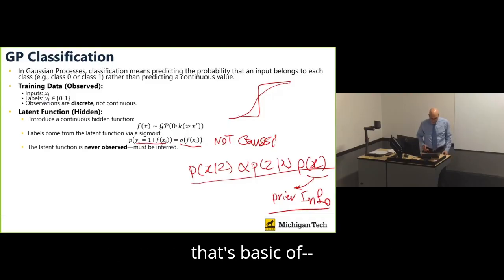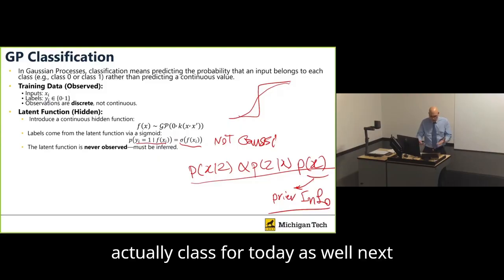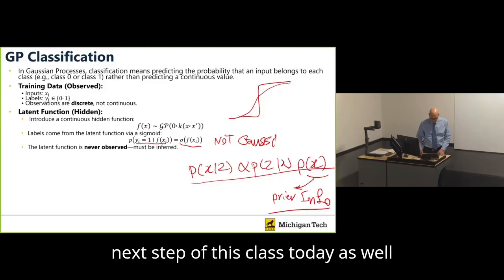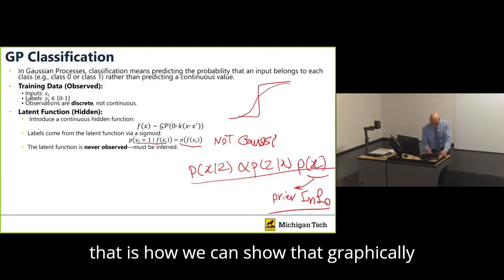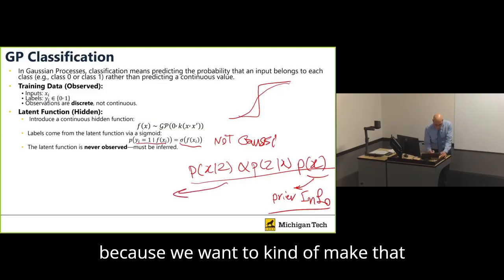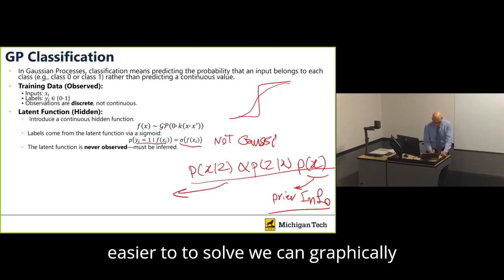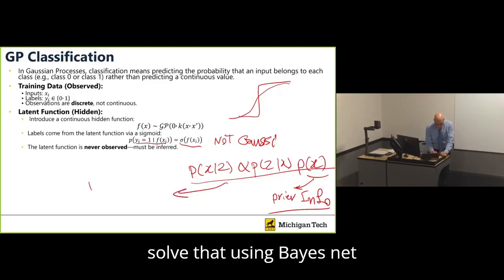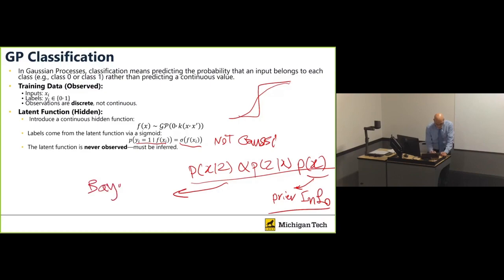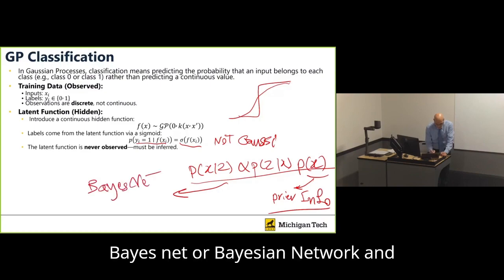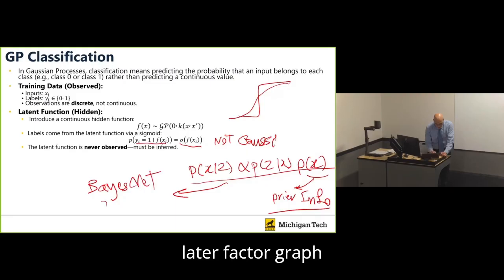Anyway, that's the basics of the class for today as well. The next step of this class today is how we can show that graphically, because we want to make that easier to solve. We can graphically solve that using a Bayes net or Bayesian network, and later the factor graph.